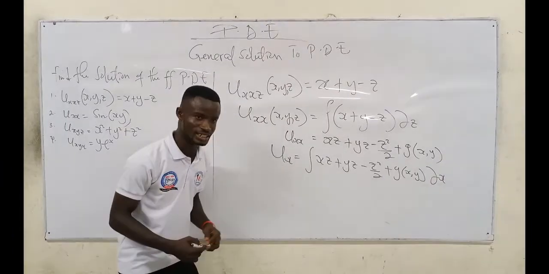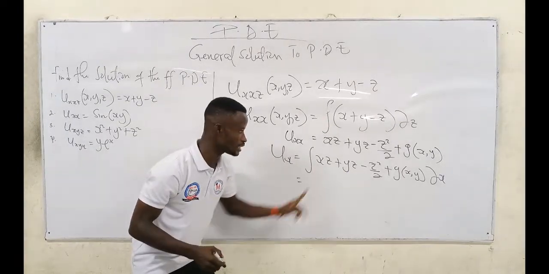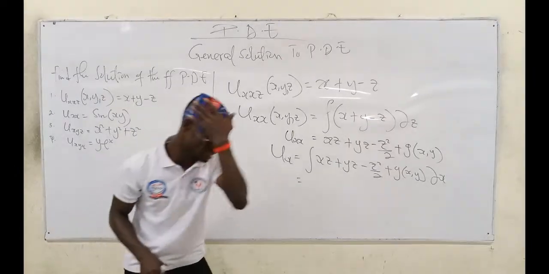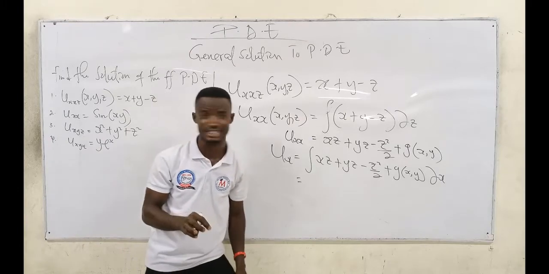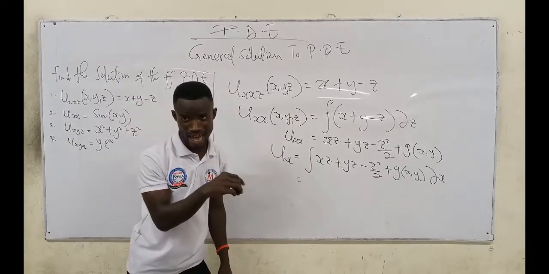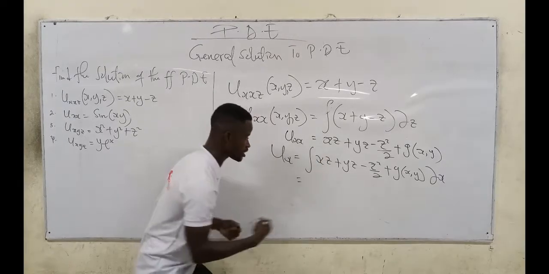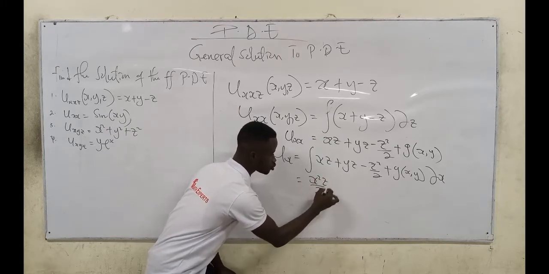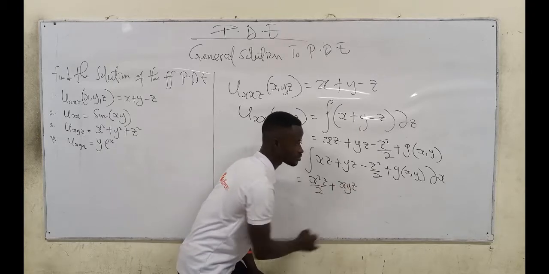We are integrating with respect to x. So here, what will you get? Here, the focus will only be on the variable what? x. Because if you are to integrate something like 2x, I don't think the focus will be on the 2, but rather the x. So forget about the z there and integrate this. What will you get? x squared z over 2 plus xyz, right?